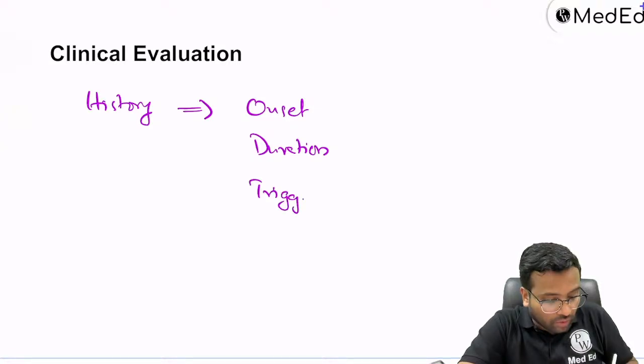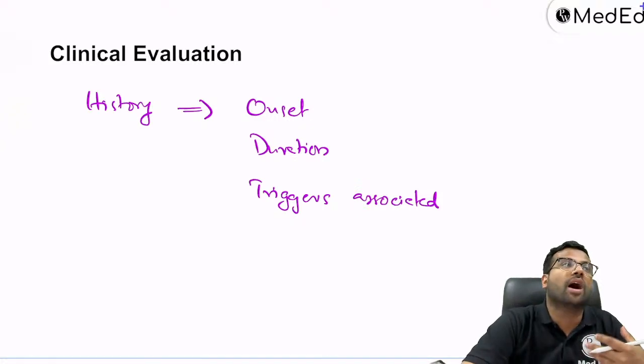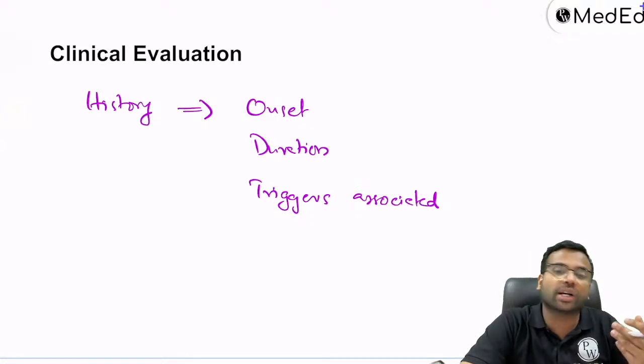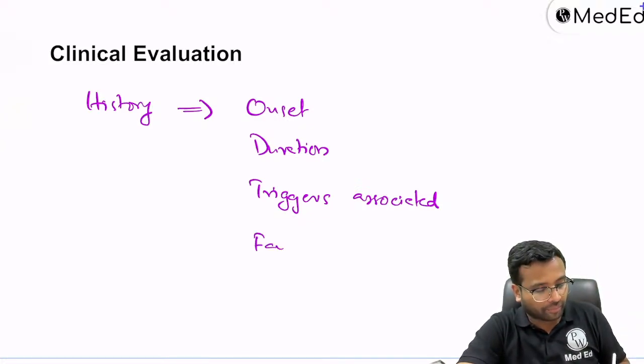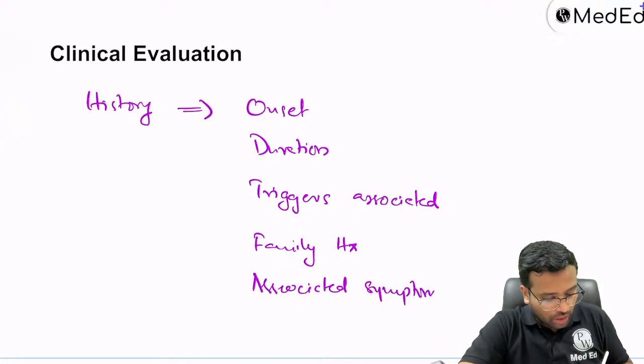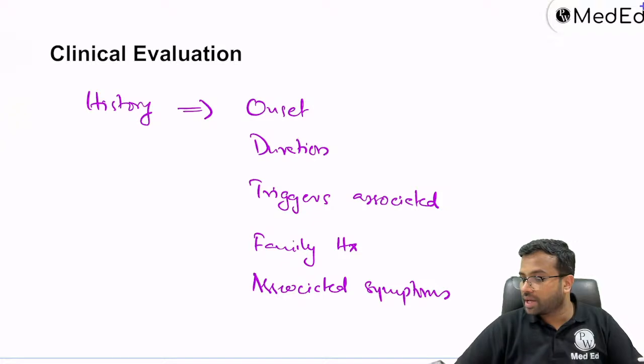Is there some triggers associated or not? So that also you need to think. And is there any other family history or associated symptoms? All those things have to be evaluated.